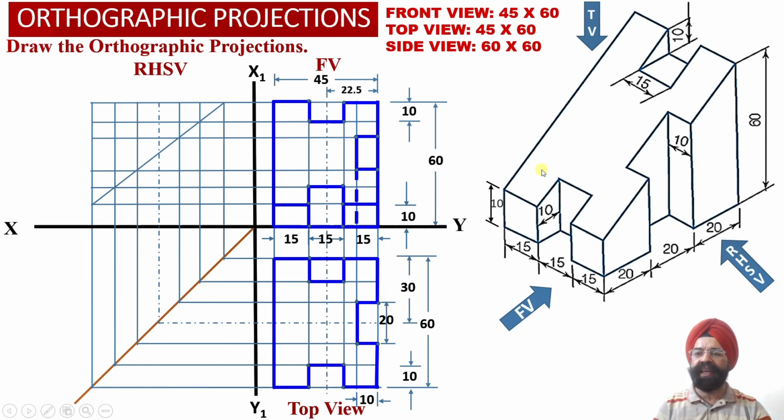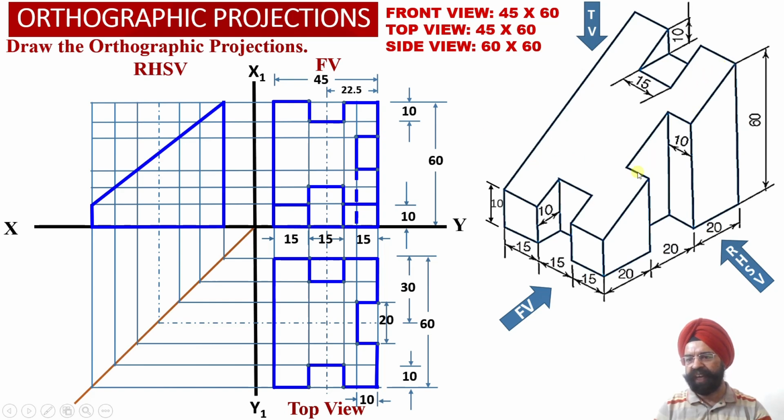And this entire inclined surface, because it is not parallel to the horizontal plane and is inclined to it, has apparent shape projections obtained into the top view projections. Then we have got the side view.